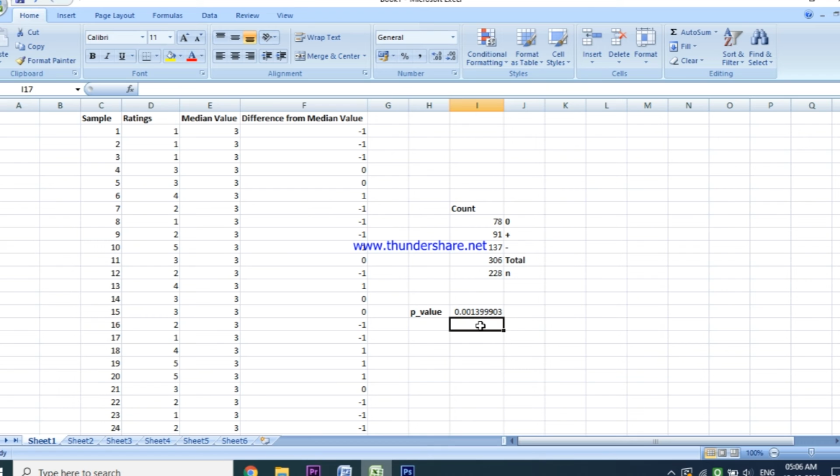And if this p-value is greater than the level of significance chosen, then we are not rejecting the null hypothesis, which states that the median value of the perception towards this attitude is 3.